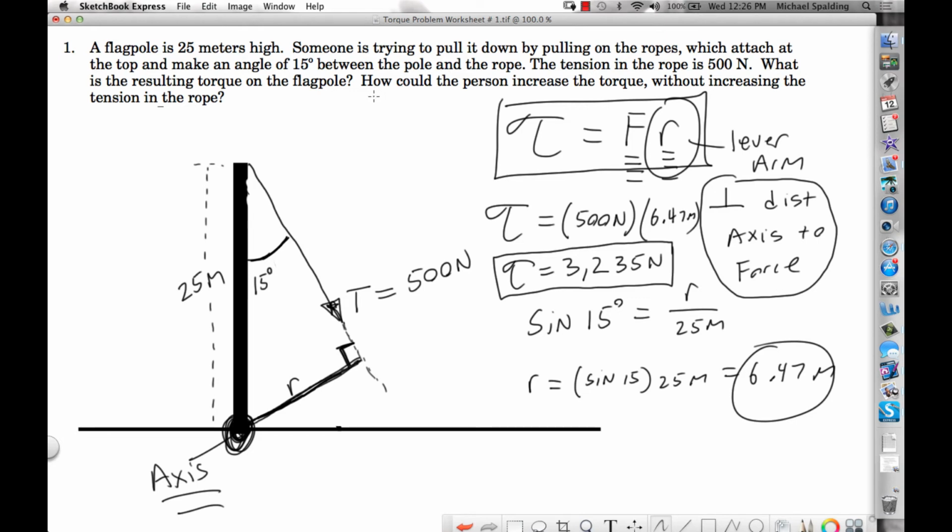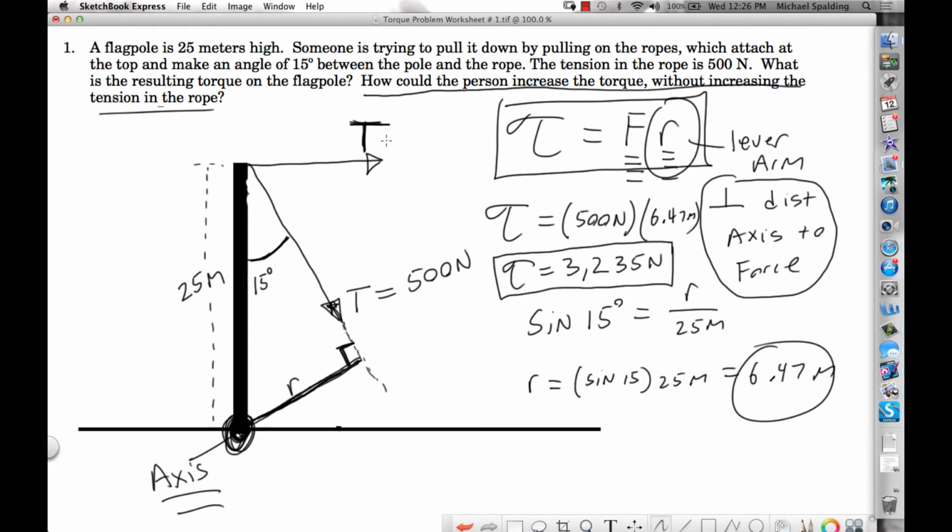Let's answer this second question. How could the person increase the torque without changing the tension? Increase the angle. If you came up to this flagpole and instead of pulling at a 15-degree angle, what if you exerted the tension like that? If you exerted the tension like that, well, what would be the lever arm?